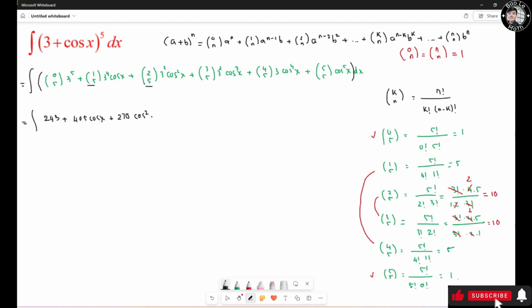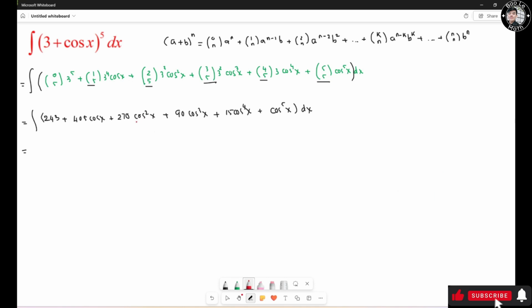Cosine square of s plus this guy right here is going to be 10. 10 times 9 is going to be 90 cosine cube of s plus this guy right here equals 5. 5 times 3 equals 15 cosine to the 4 of s plus the last one, this one equal to 1, so it's going to be cosine to the 5th s altogether ds.